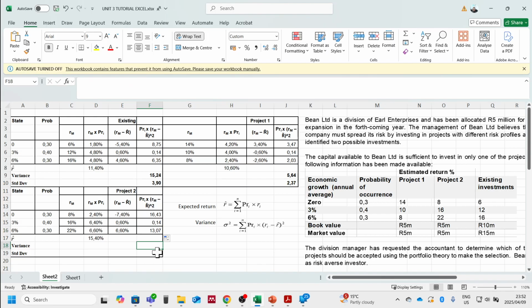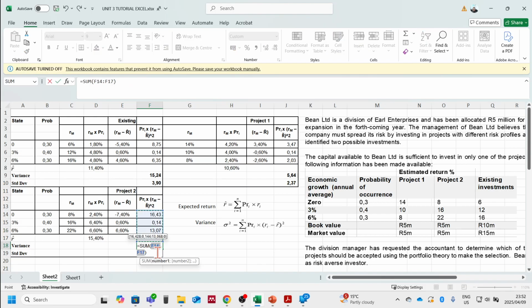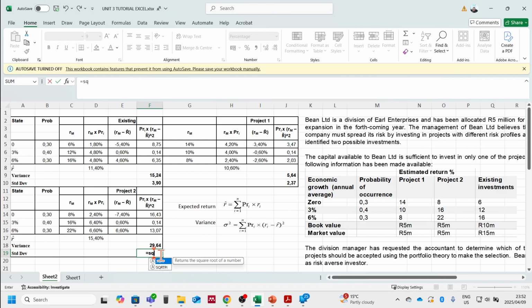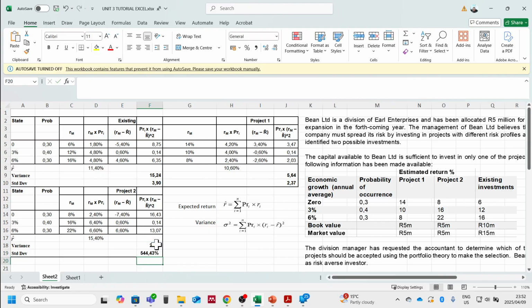This allows us to calculate the total variance to become 29.64%, and therefore the risk is the square root of the variance, which gives us 5.44%.